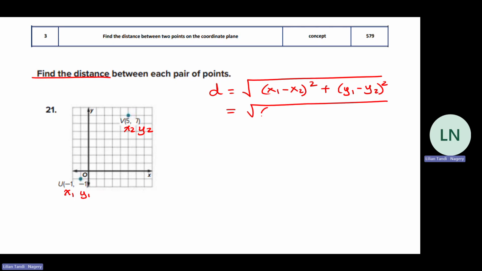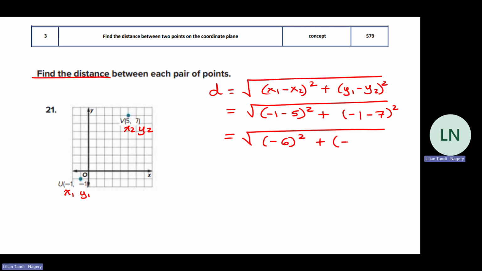And then here you're going to put -1 minus 5 squared plus, here you're going to put -1 minus 7 squared, like that. Then you're going to do, this will become -6 squared plus -8 squared. This will become 36 plus 64.